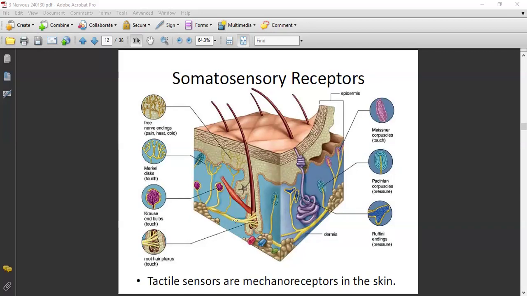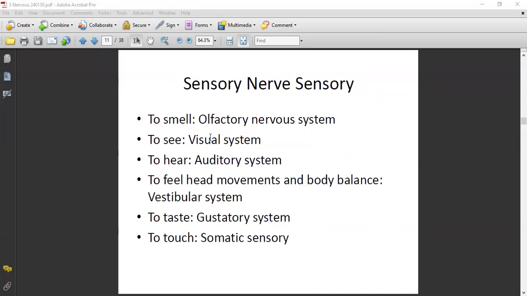Somatic sensory really stands out. Even though we didn't really talk about it, you get that almost all of these different senses are involved in your head, like your vision, your hearing, your taste, right?